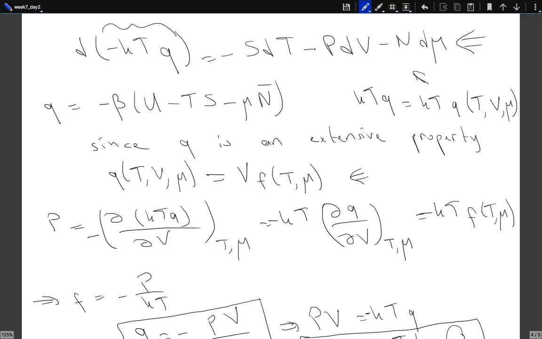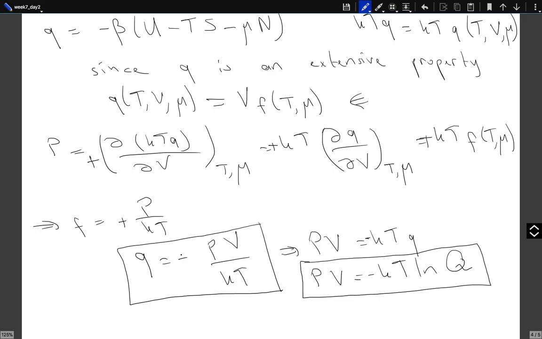So there are two minuses over there. And hence I don't have a minus sign over here. This is plus. So here I have a plus.